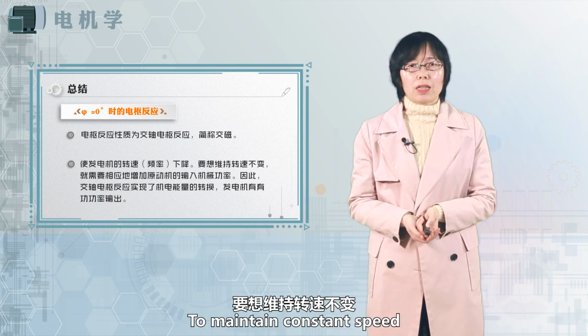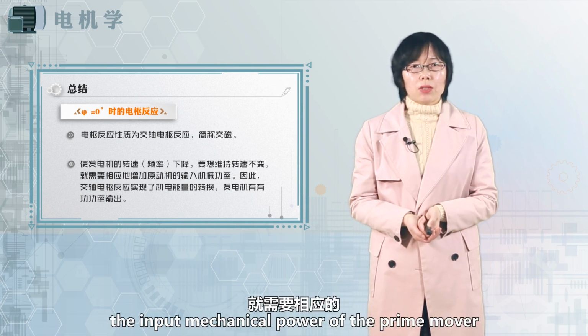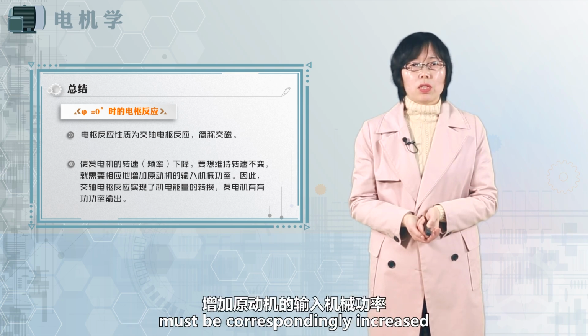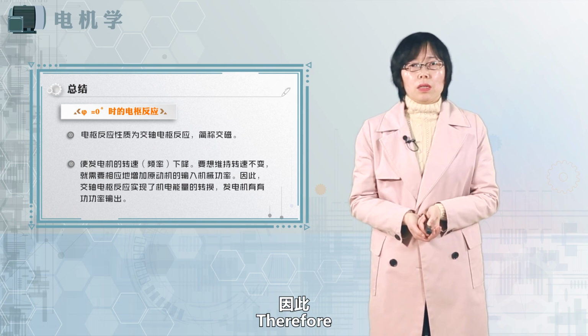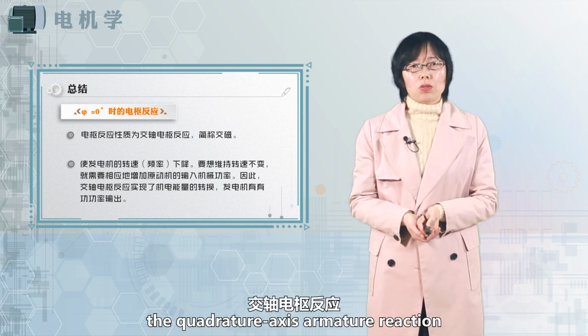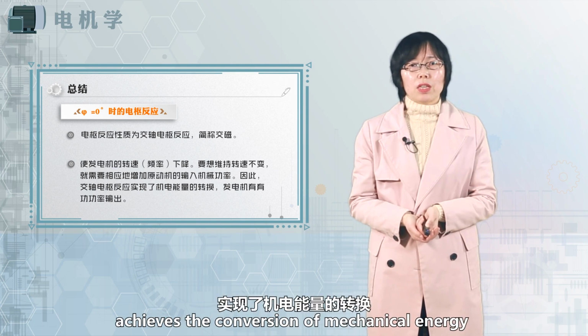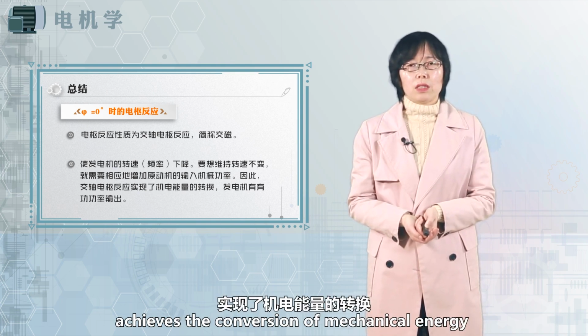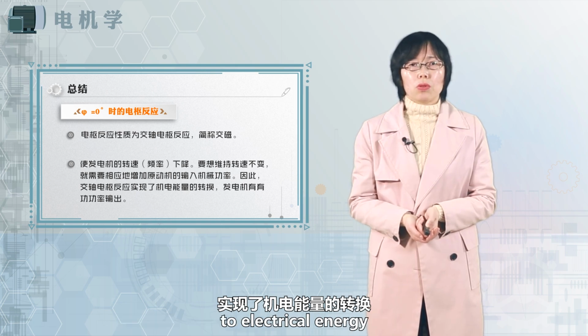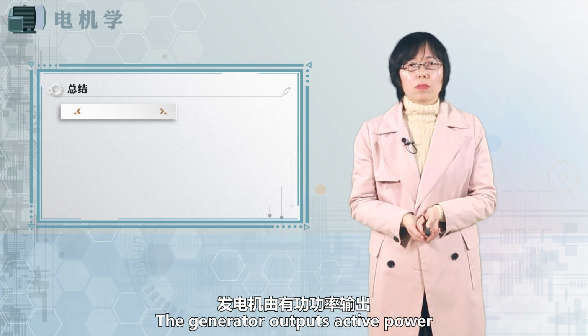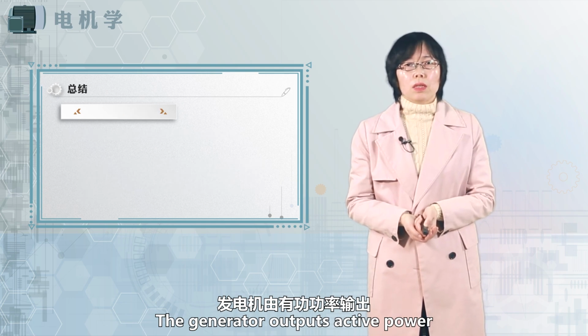To maintain constant speed, the input mechanical power of the prime mover must be correspondingly increased. Therefore, the quadrature axis armature action achieves the conversion of mechanical energy to electrical energy. The generator outputs active power.